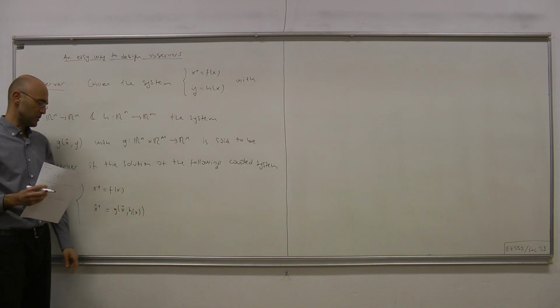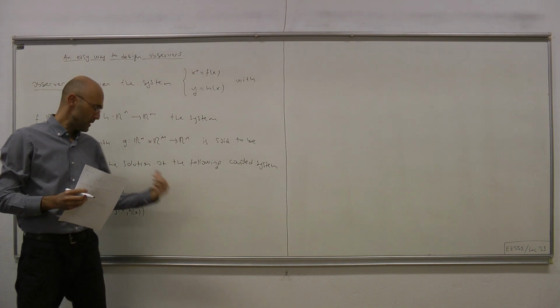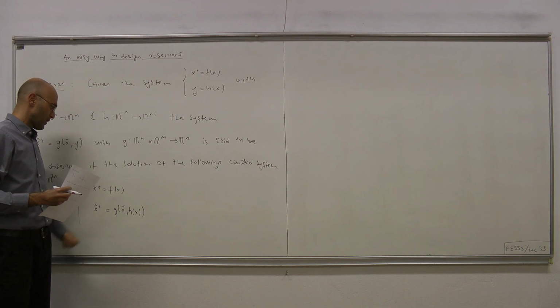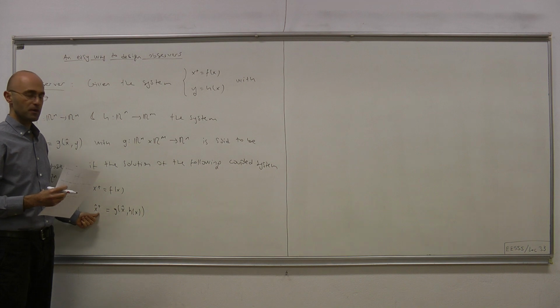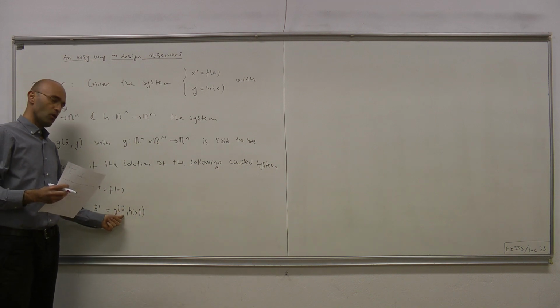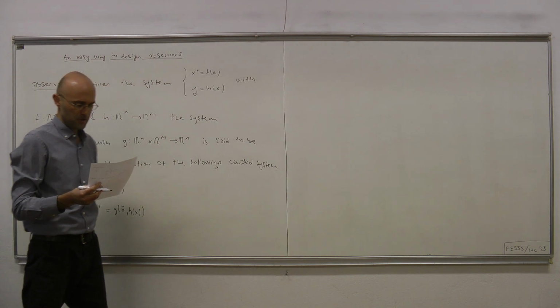So we have this system. The x system is autonomous, it depends only on its own state, but the evolution of the estimate system, or the observer state, depends not only on its own state, but also on the evolution of the original system state x.